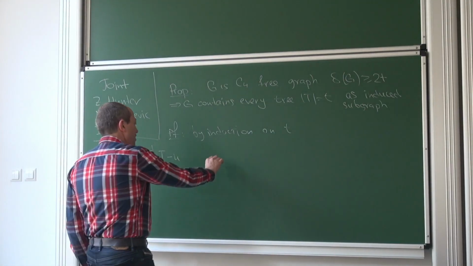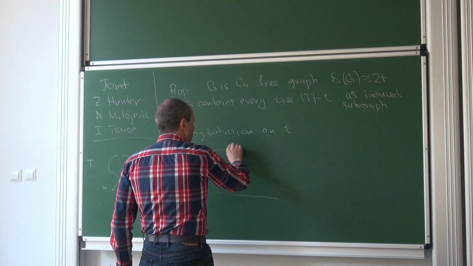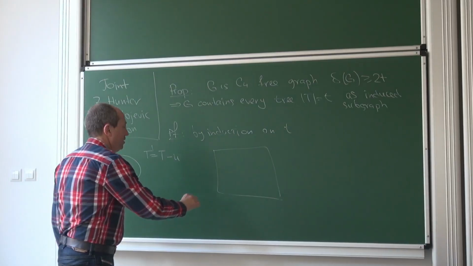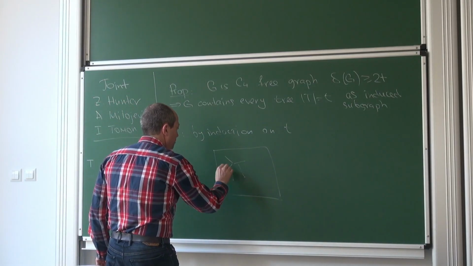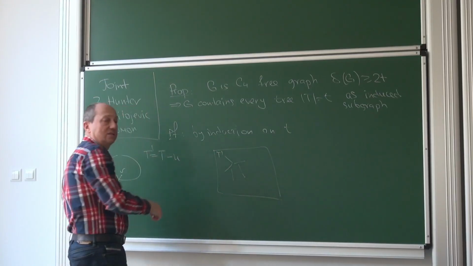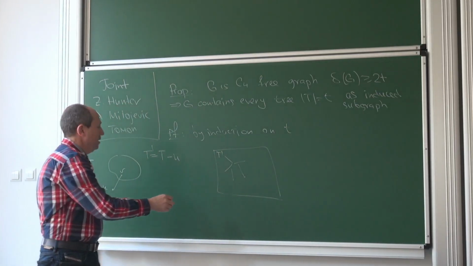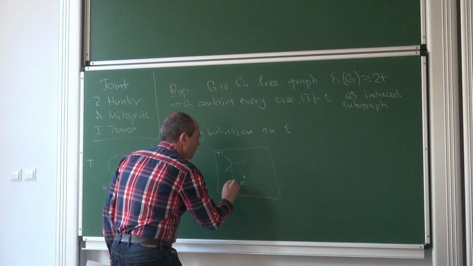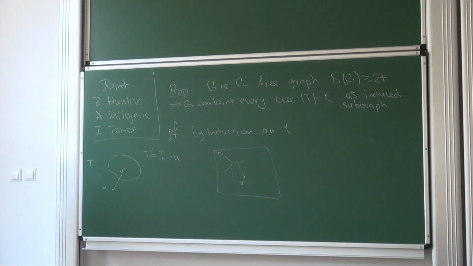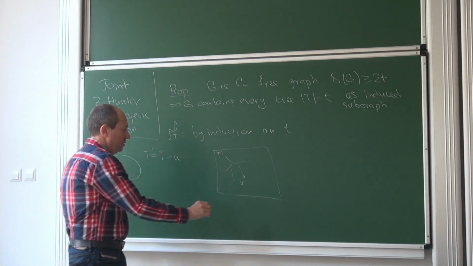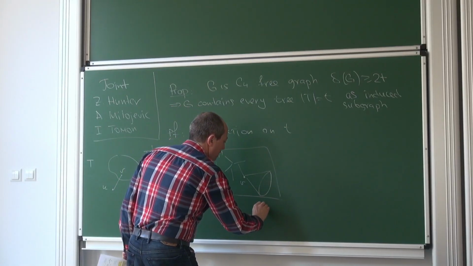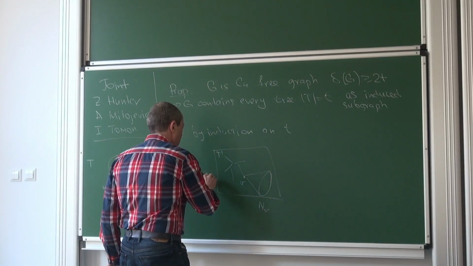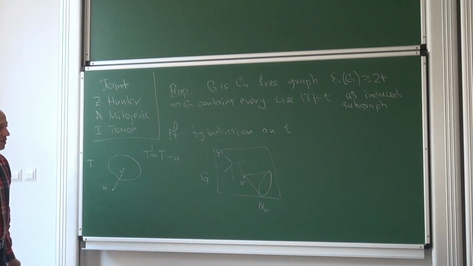Here's my graph G, and imagine I already embedded somehow this tree here. So this is T prime, already embedded as an induced subgraph, and here is the image of the vertex v. And this v has a big neighborhood. So this is my picture.